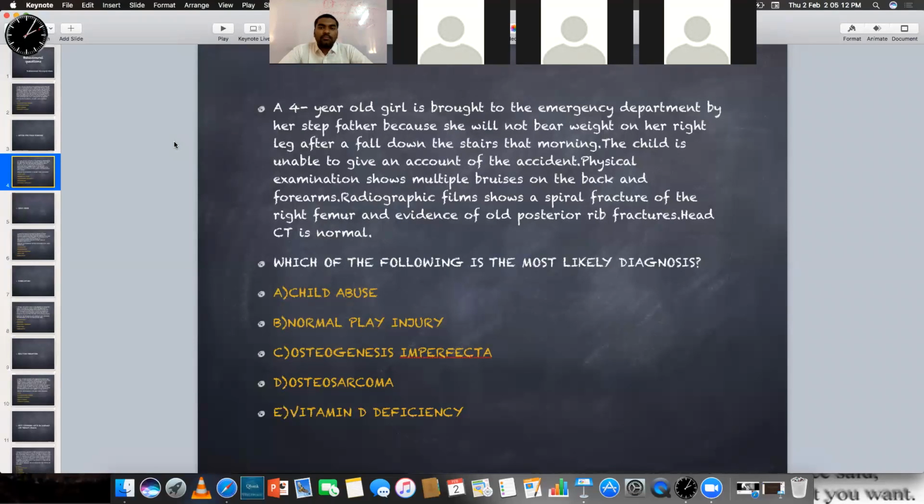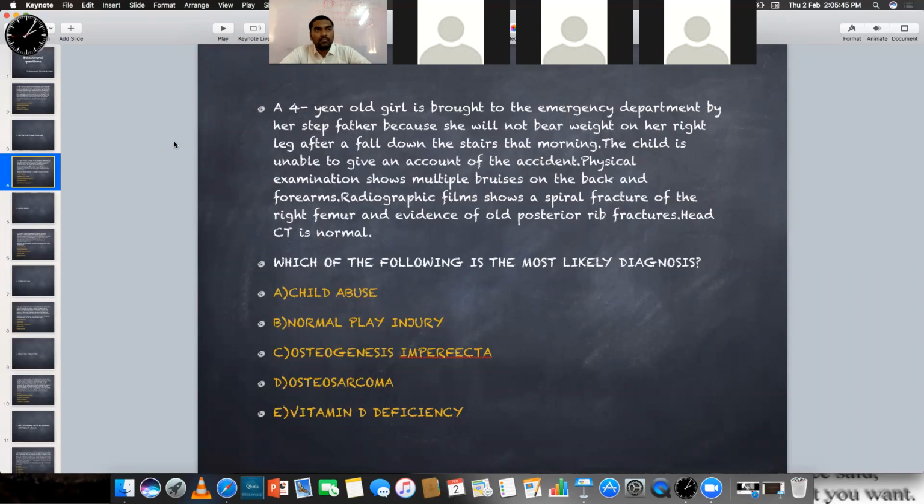A 4-year-old girl is brought to the emergency department by her stepfather. Two people answering. You think it's child abuse? How about you? Child abuse, everybody agrees?